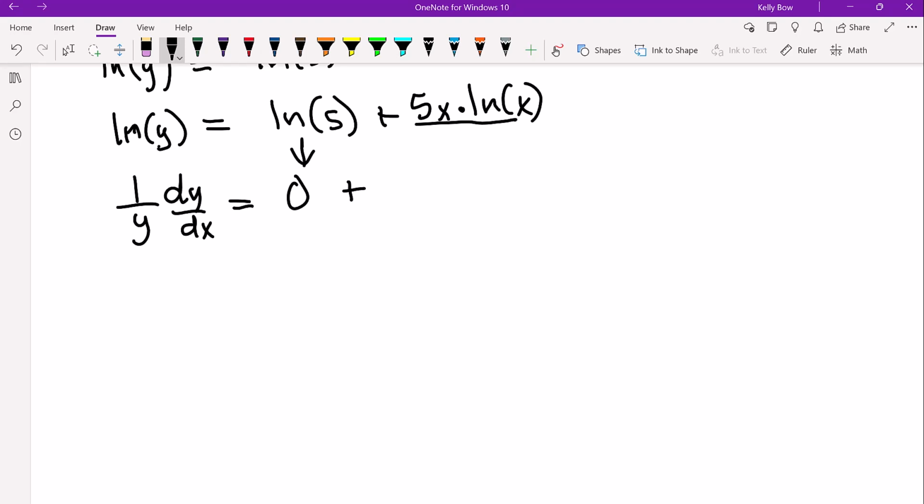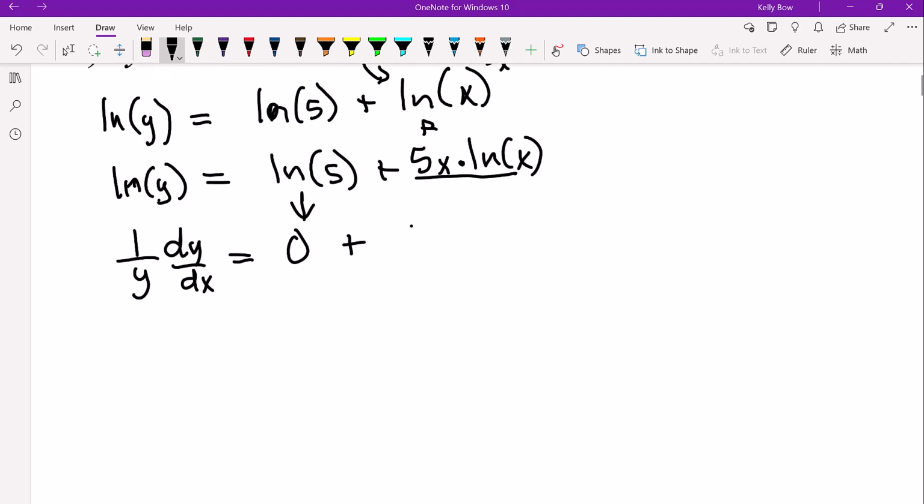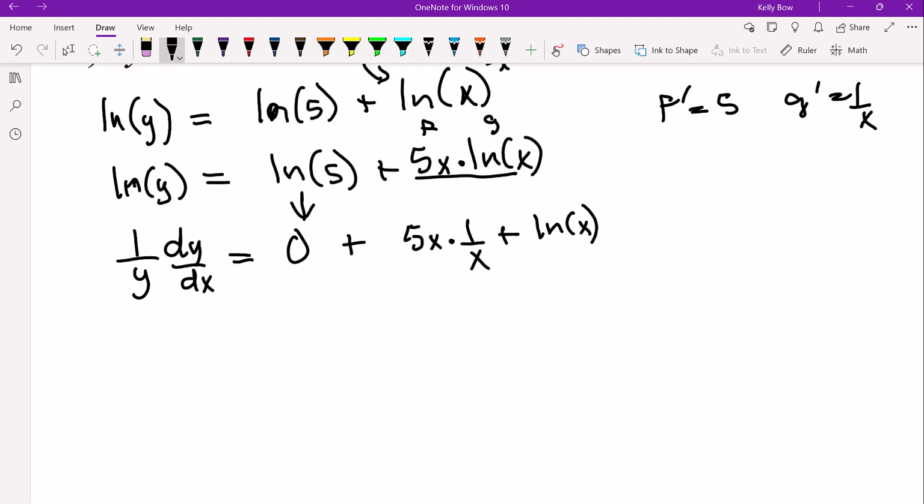Now we've got a product rule. So this is f, this is g, f prime is 5, g prime is 1 over x. So we have f times the derivative of g plus g times the derivative of f.